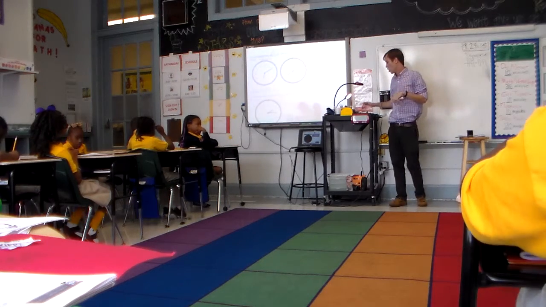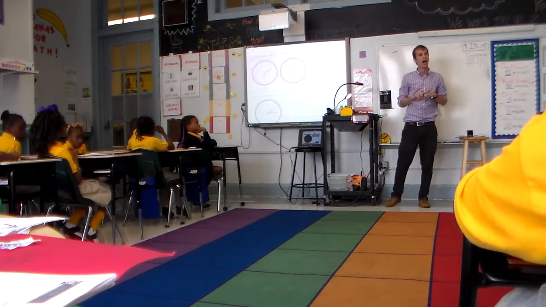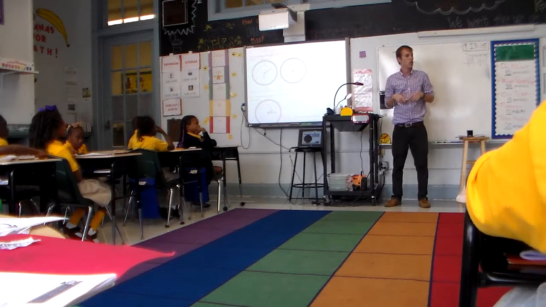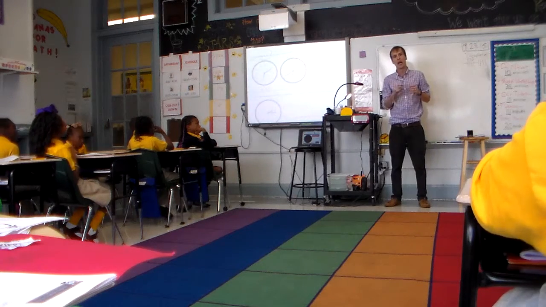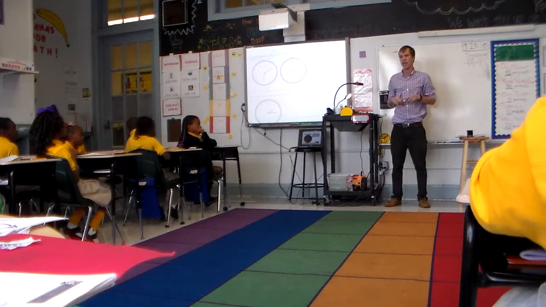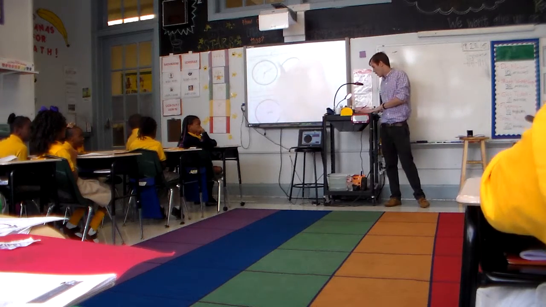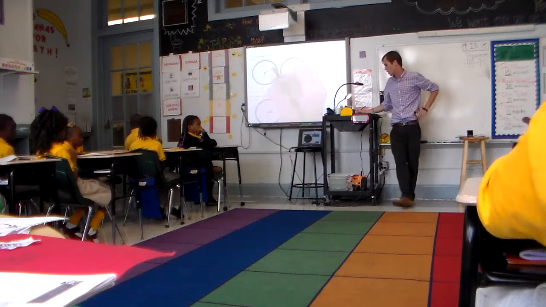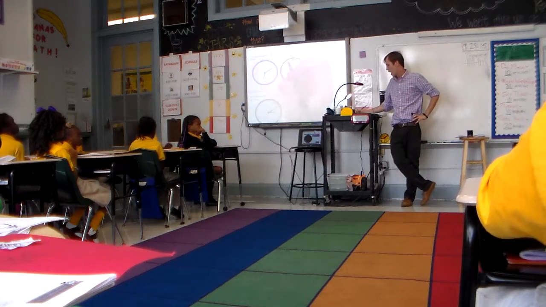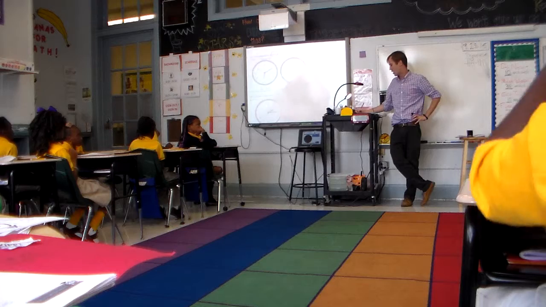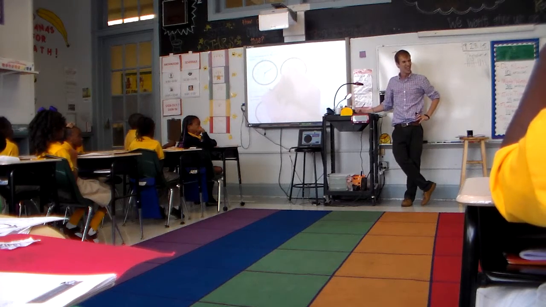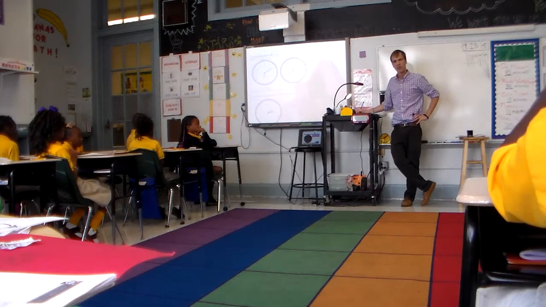Watch this strategy. 1, 2, 3 eyes on me. Janiyah's got her eyes on me, Dominic's got his eyes on me, and Jaden's got his eyes on me. He's going to follow this strategy. If I look at my first clock, which is the start time, I want to figure out how much time is between 6:10 and 6:40.